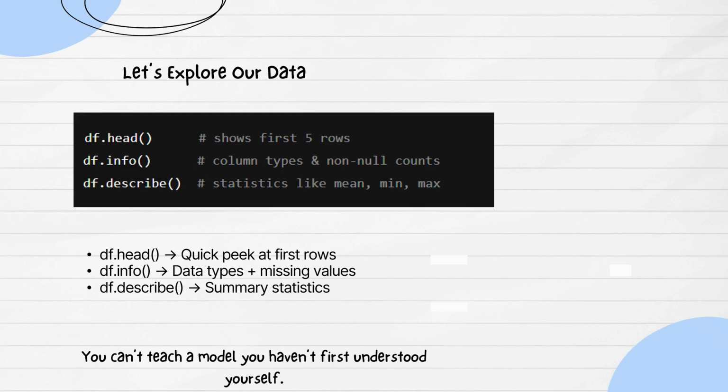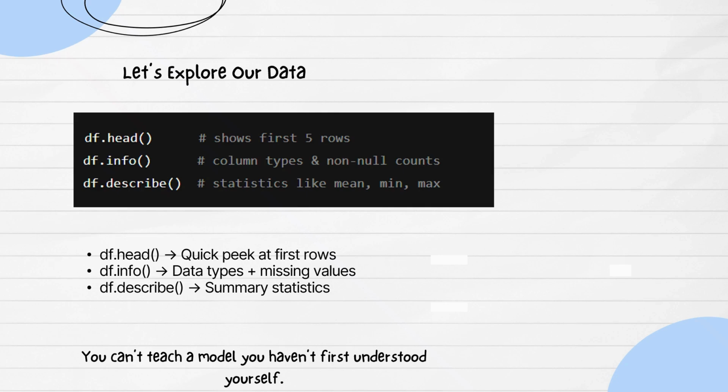Before you start modeling, you must always look at your data first. This step is called exploratory data analysis, or EDA. Let's learn a few pandas commands that help us peek inside. Dot head lets us glance at our data.